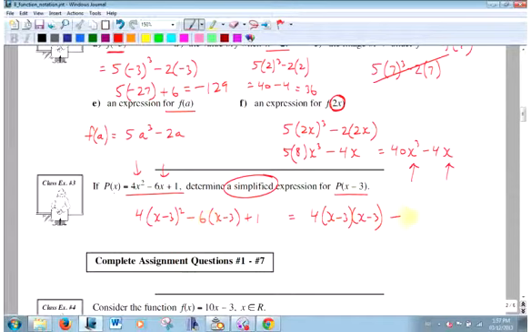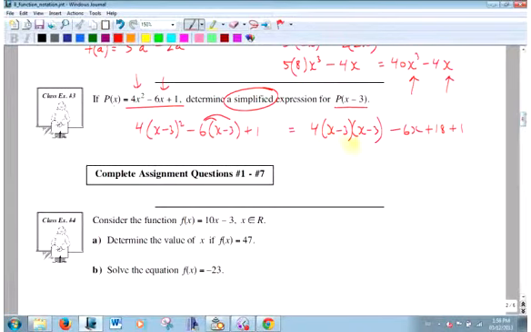Okay, minus 6x, I can just work this out. Negative 6 times negative 3 is positive 18 plus 1. Okay, I got to keep going. This isn't simplified. And again, we got choices.